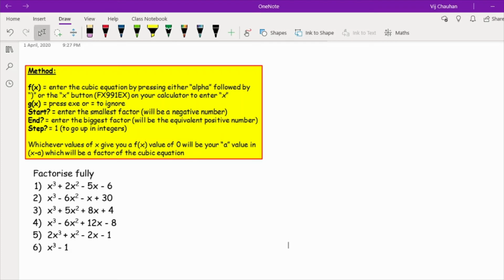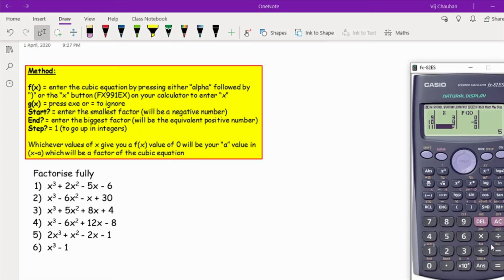So I'll go back to my calculator, reset it, and enter the calculation again: alpha x cubed, scroll across, plus 5 alpha x squared plus 8 alpha x plus 4.